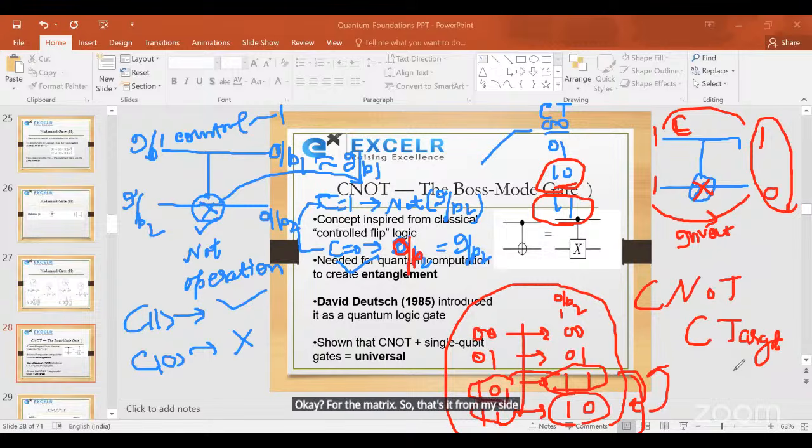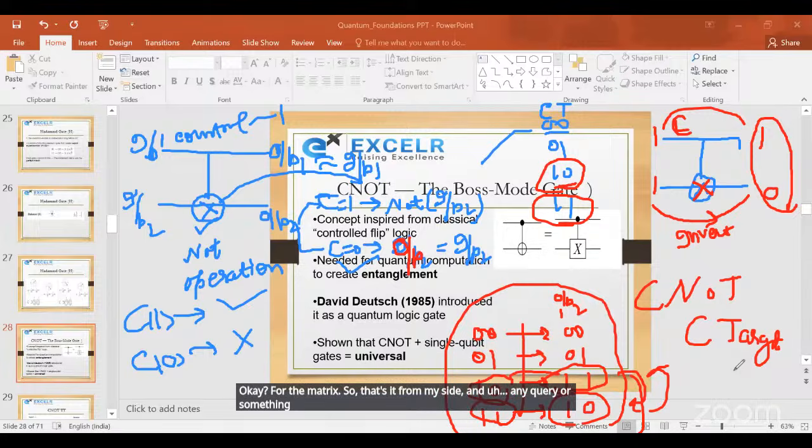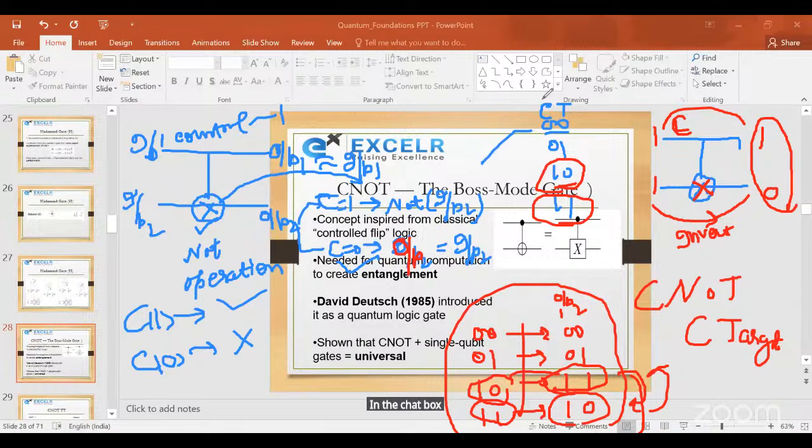Any query or something, you can chat in the chat box. Otherwise, we are going to end this session. Is there any query? You can chat with me. So anything you want?